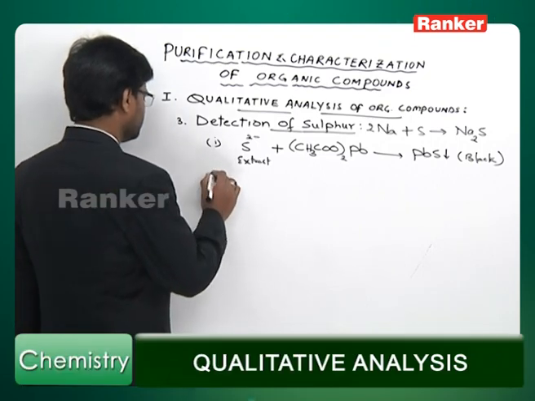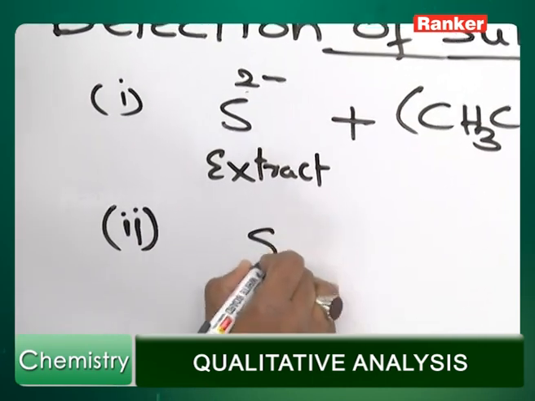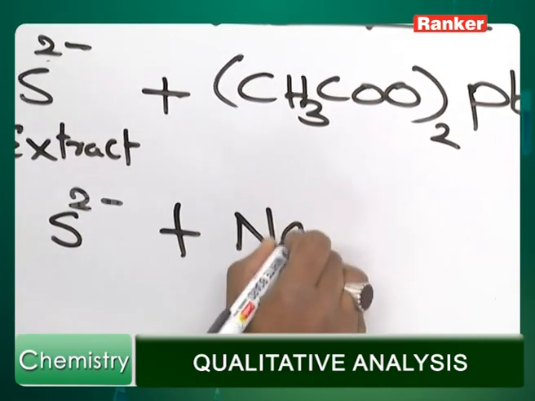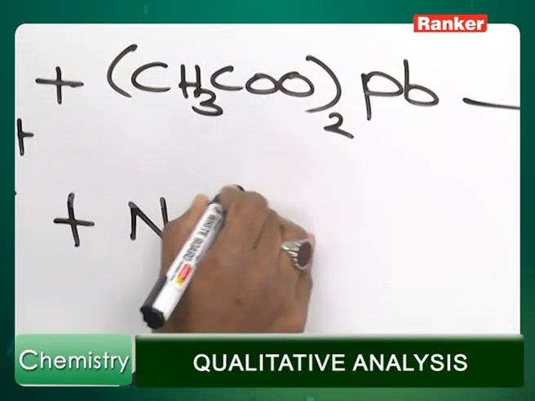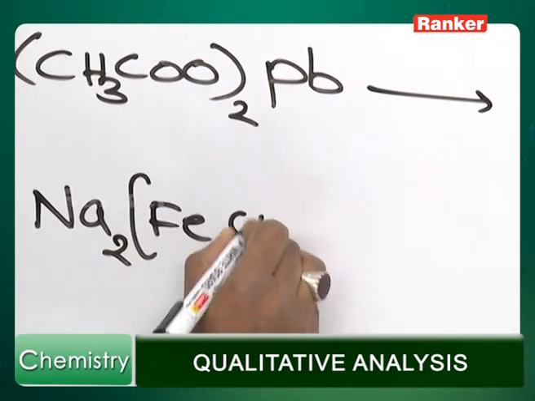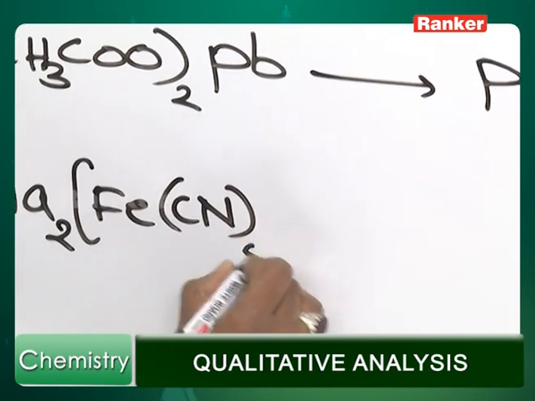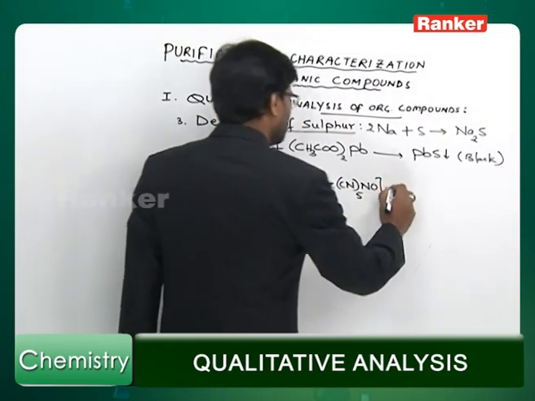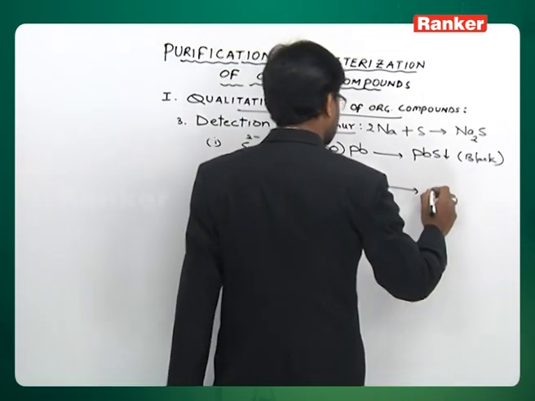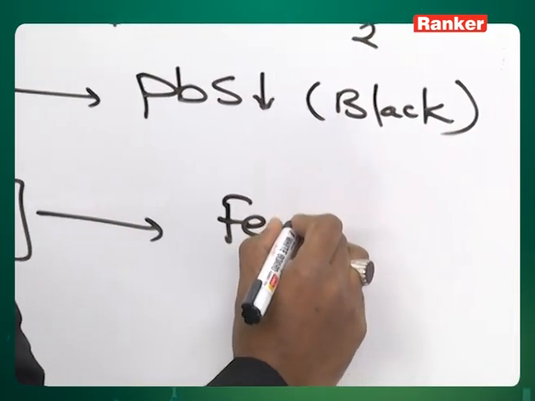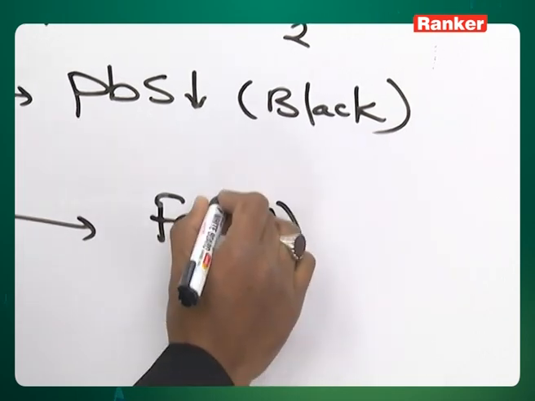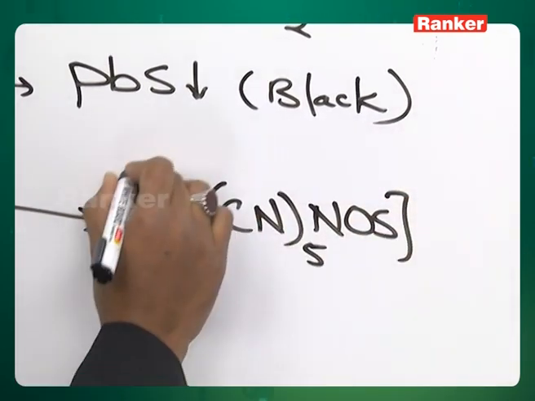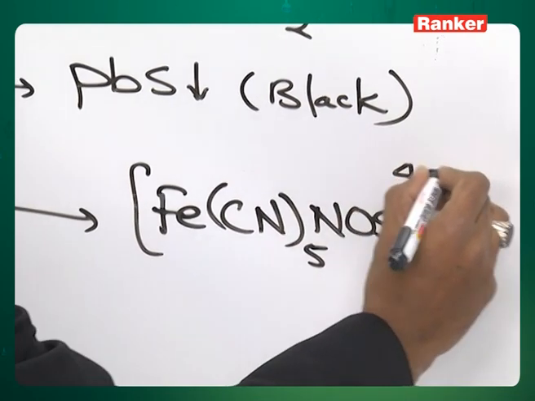Number 2, sulfide plus this substance. This is Na2[Fe(CN)5NO]. You get this [Fe(CN)5NOS]4-, which has a 4 minus charge.